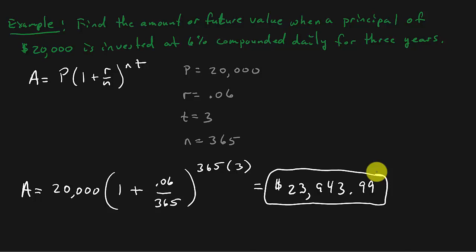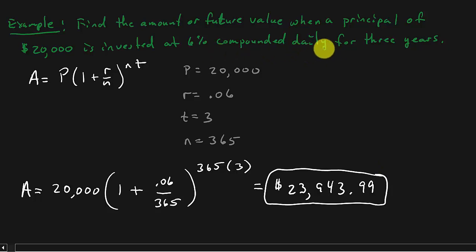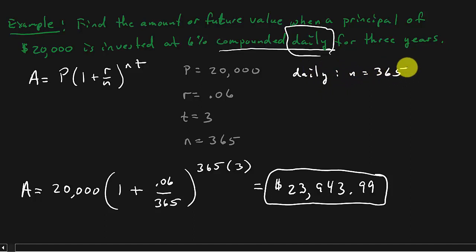Okay. All right. So the one thing I wanted to go over before we went to the next problem is, notice this says compounded daily. And for compounded daily, N is 365. So we can have compounded monthly. N would be what? 12 months in a year.